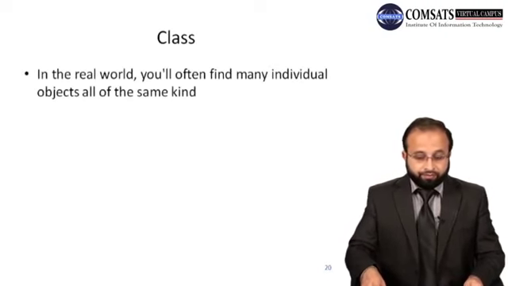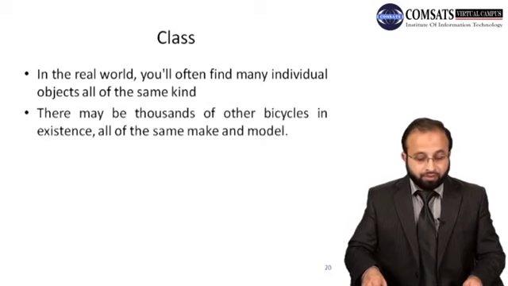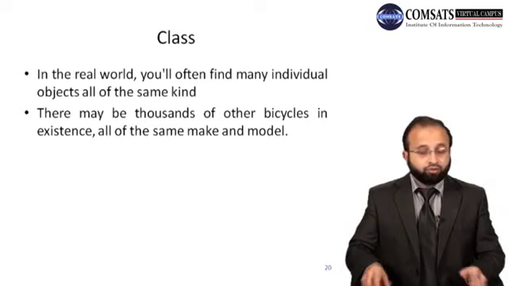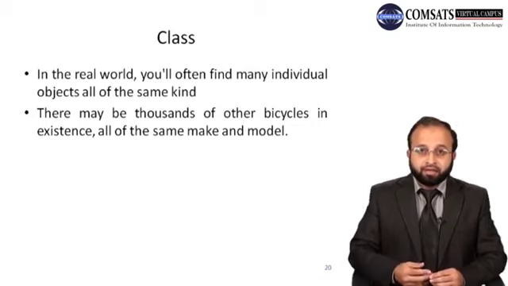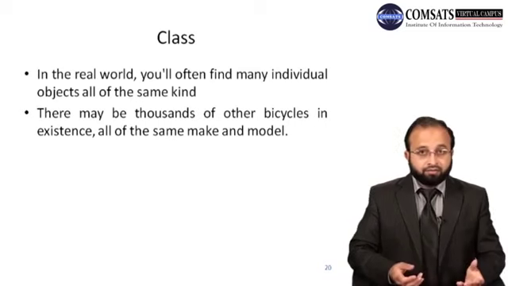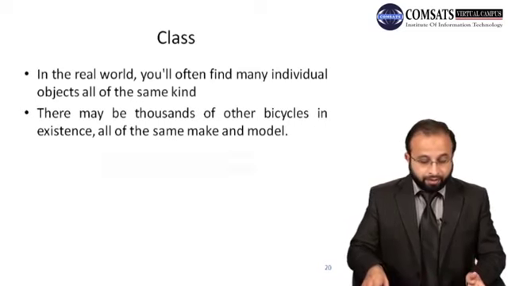In the real world you will often find many individual objects, all of the same kind. For example, there may be thousands of bicycles in existence, all of the same make and model. There could be hundreds of cars that all have the same model and make, right?